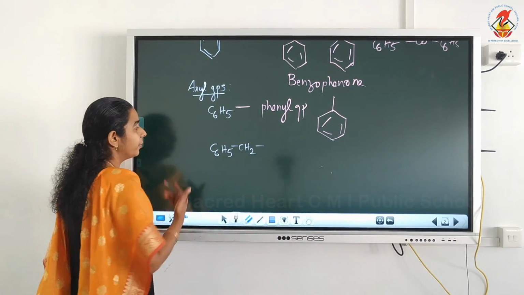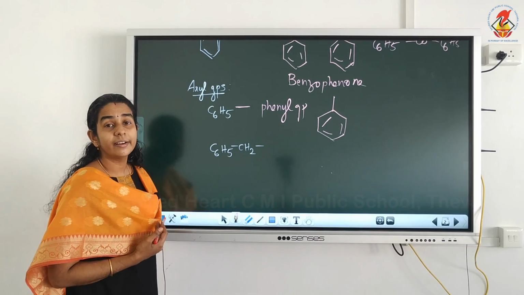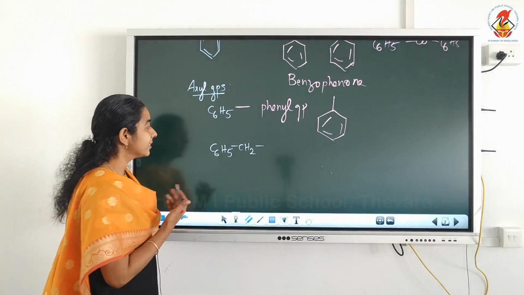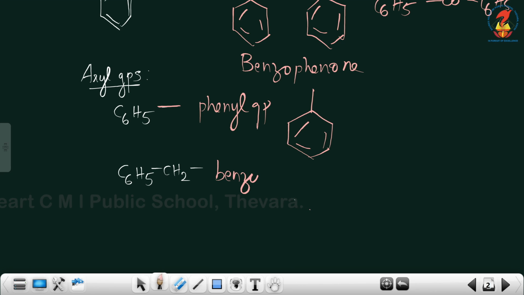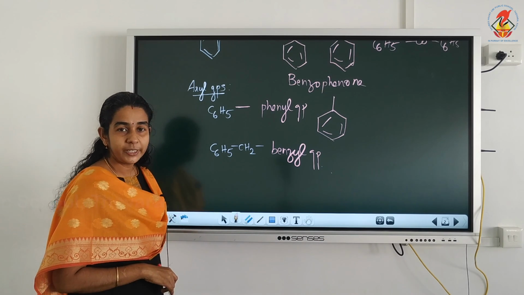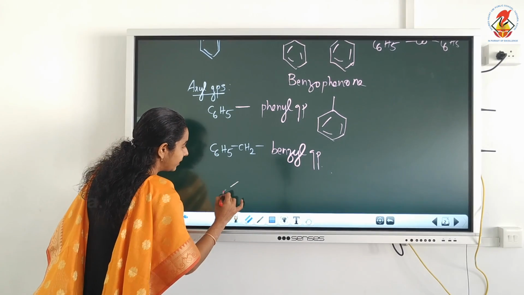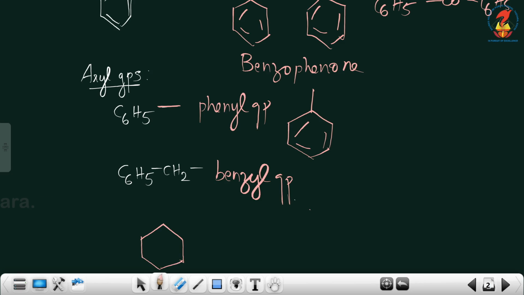Now another aryl group, or branch, is the C6H5CH2 group, that is the benzyl group. And how can we write the structure of this benzyl group? We know that C6H5 means a benzene ring coming as a branch.